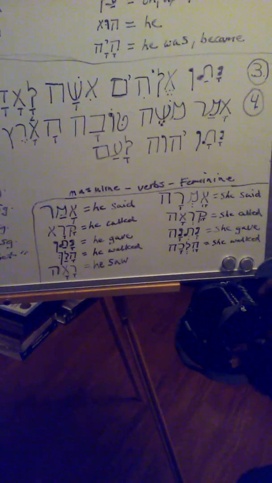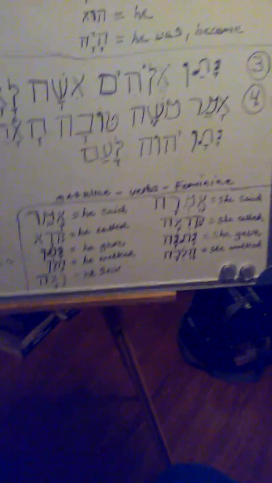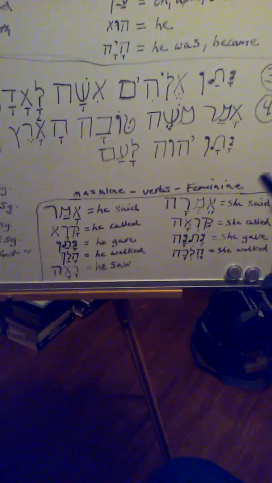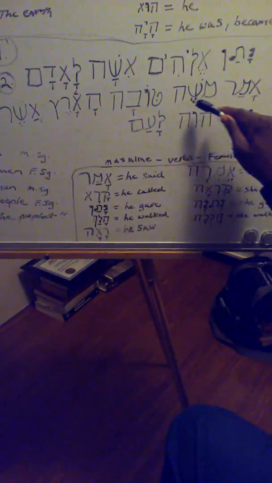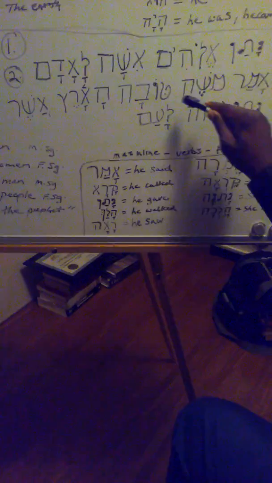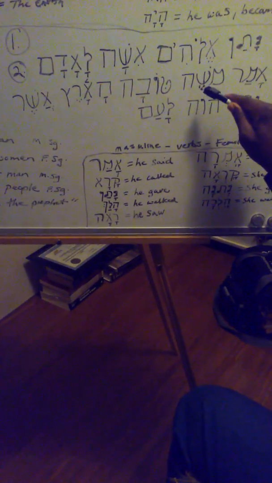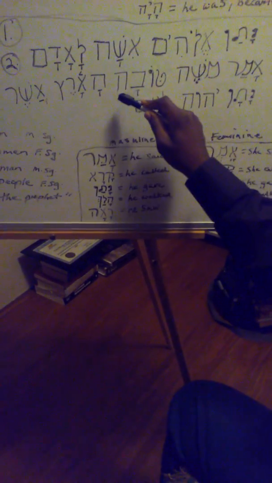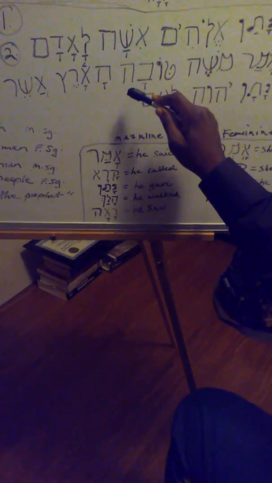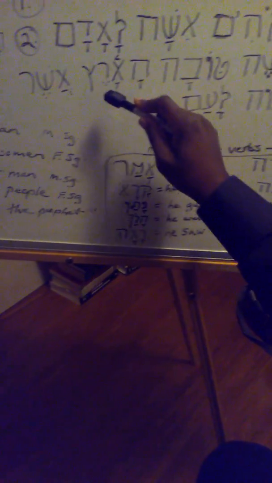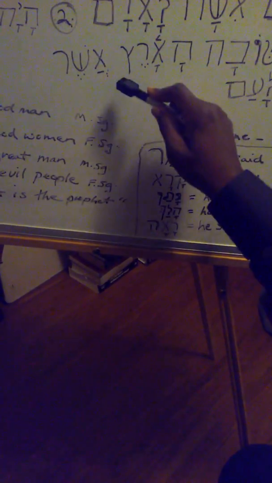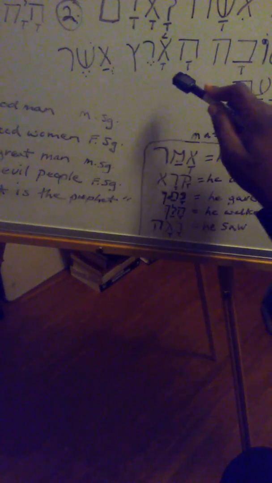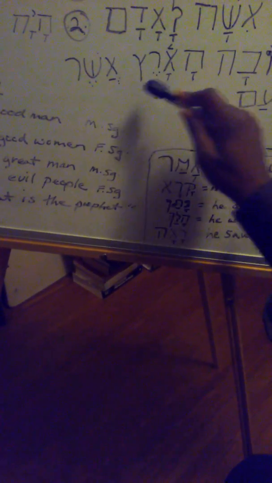Let's look at a little bit more Hebrew reading. Amar, Moshe. That's the word for Moses. That's in your new vocabulary list. Tova, the feminine form of good. Ha-Arets, that's the earth.